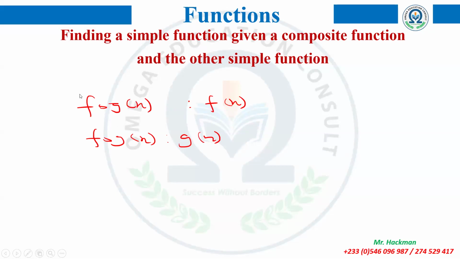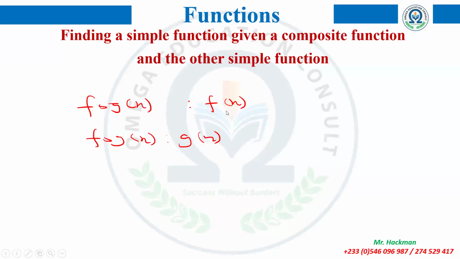I only stated this; I didn't give you the exact composite function. And one of the functions will be given. So I gave you f of x, and I said if I give you this composite function and one of the functions used to form the composite, then obviously you'll be asked to find g of x. The other function becomes g of x. Is that clear? Because I cannot ask you to find f of x if I give it to you.